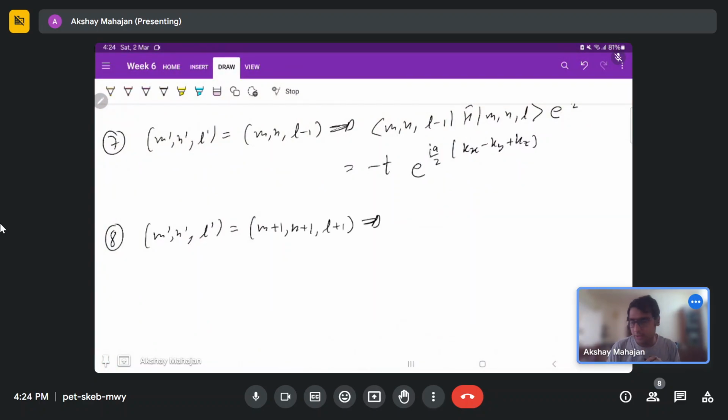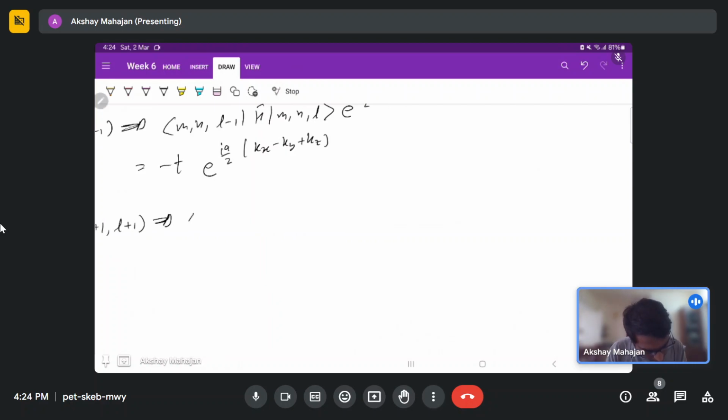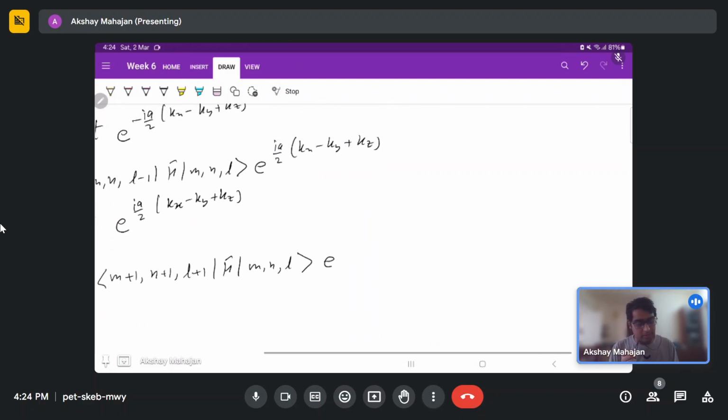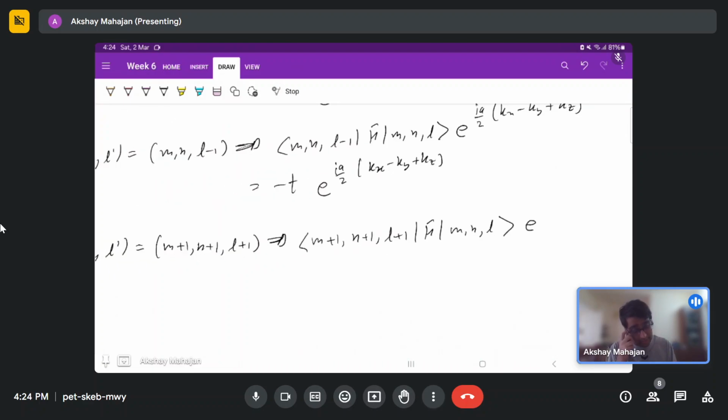Right, so using all the three vectors, again you will have this integral, m plus 1, n plus 1 comma l plus 1, H cap m comma n comma l, and then epsilon. If you sum up, basically each of them will give you a minus iota a by 2 because each of them will be a negative value.